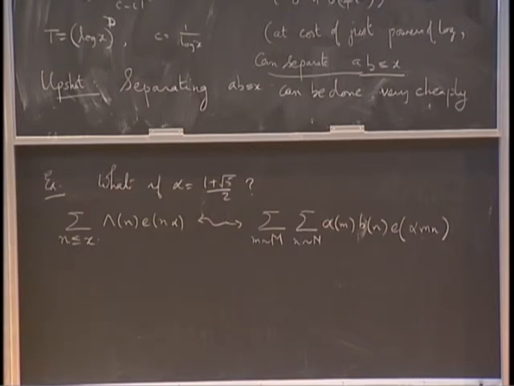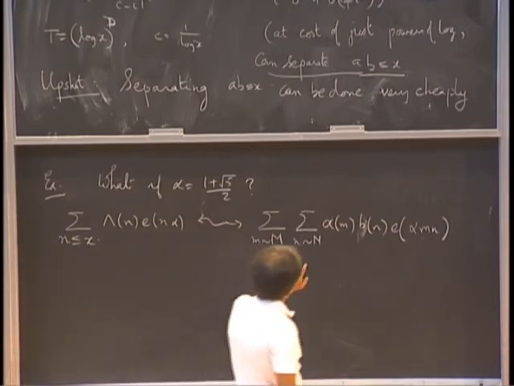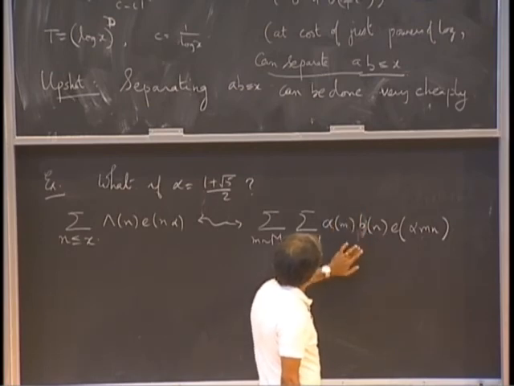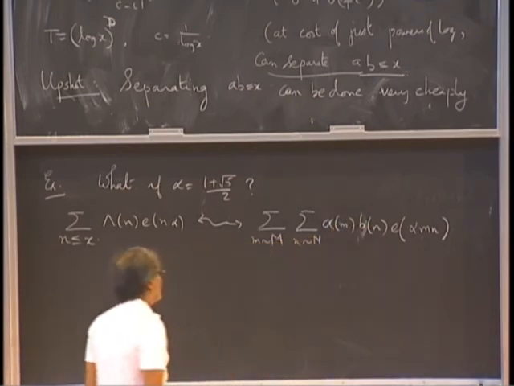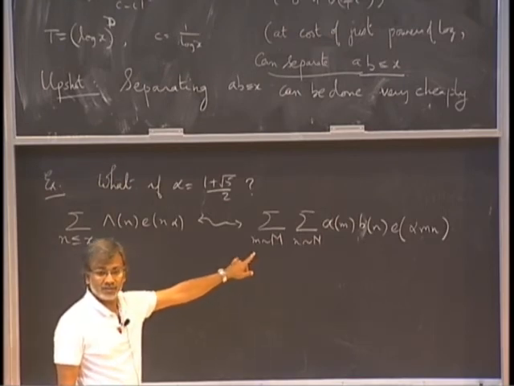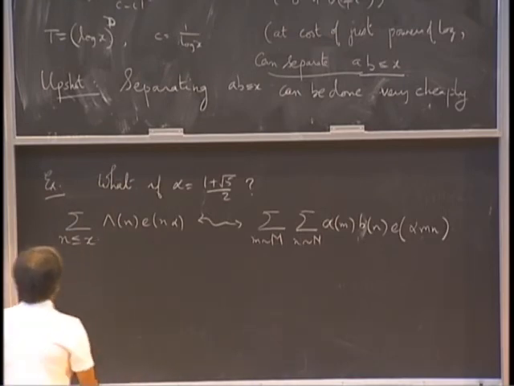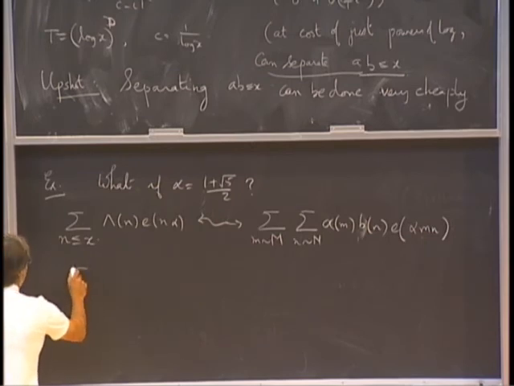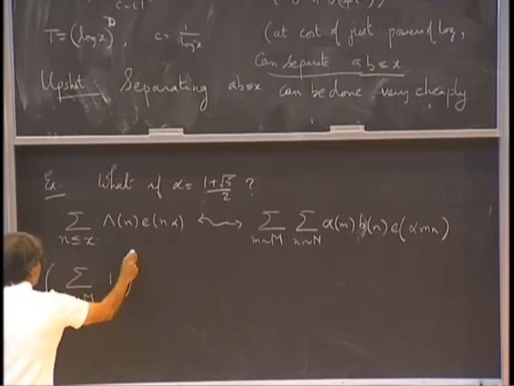So previously we used the large sieve. What should I do here? Well, the only thing I can do here is to use Cauchy's inequality. So let me bound this by the sum over m of size M of a_m squared, to the half.